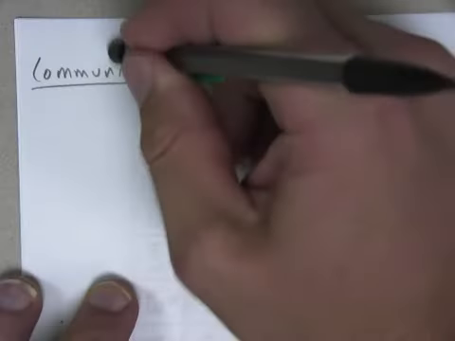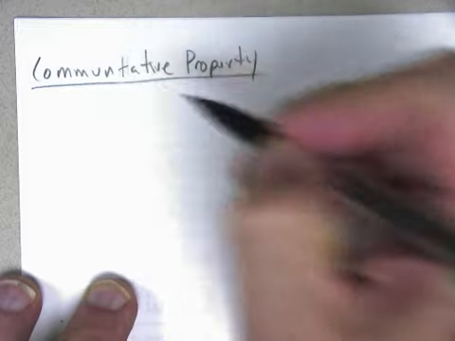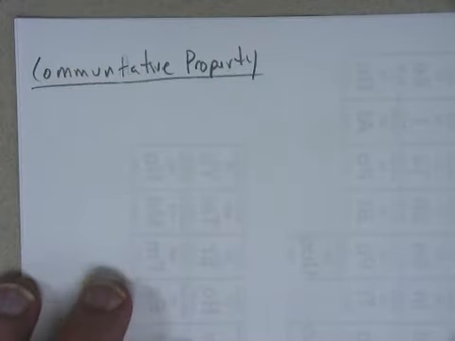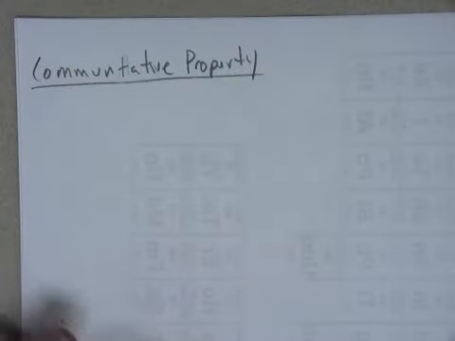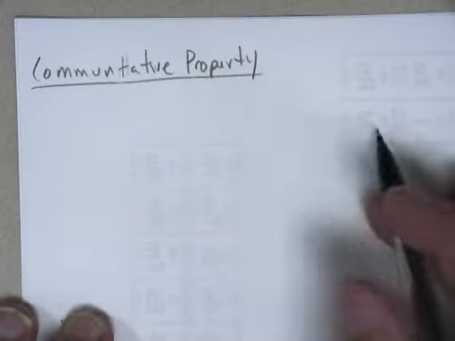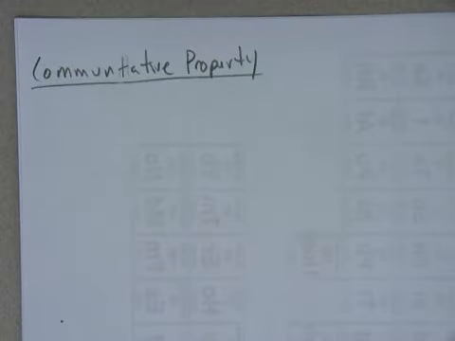C-O-M-M-U without the I there. T-A-T-I-V-E. All right, I'm going to go ahead and write out the definition of the commutative property down below, and then I'll give you some examples. I think the examples are much easier to understand than the actual definition.